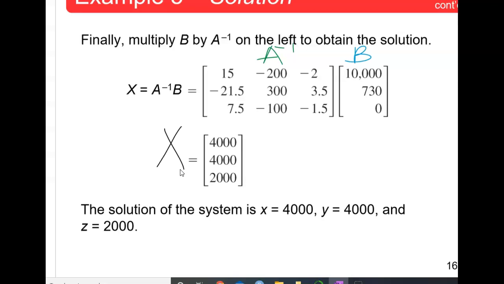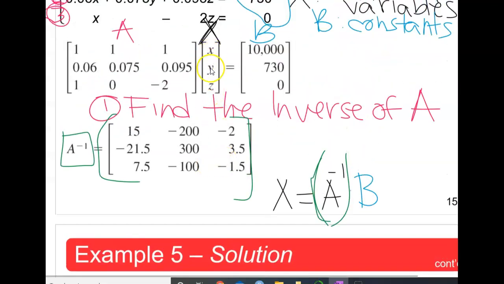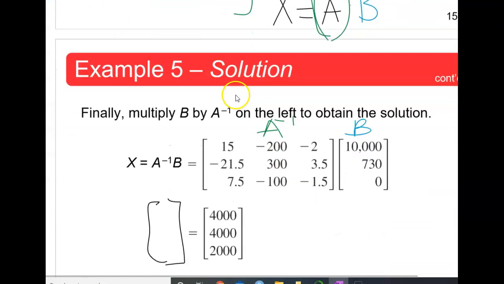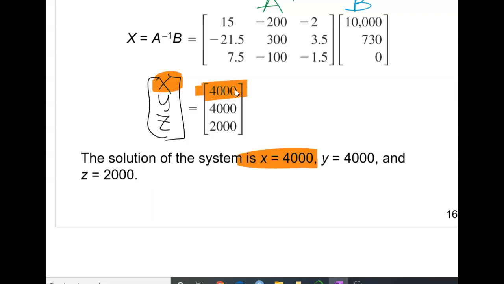If we write it this way, if you recall, matrix X was representing the variables X, Y, Z. So they will go here, X, Y, and Z. And this will say that X equals 4,000, and then the next row says Y equals 4,000, and the third row says Z equals 2,000.